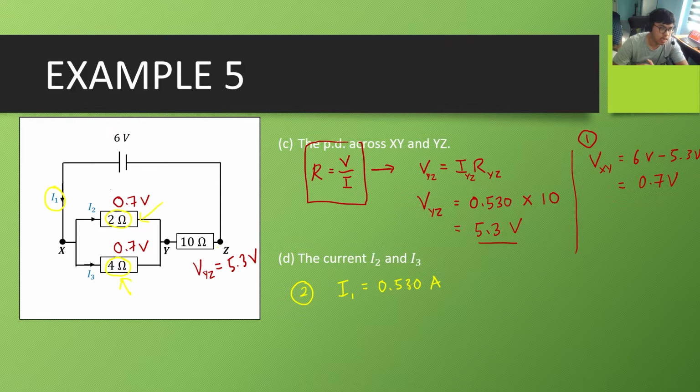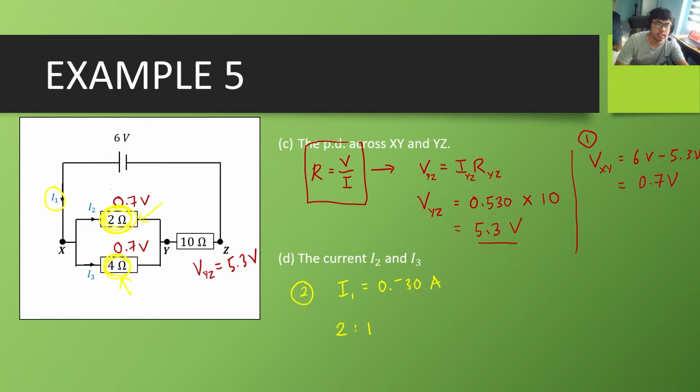Okay, so that means I3 has less current than I2 because the ratio of the resistance is 2 to 1, or in other words, 4 is double 2, so it's 2 to 1. Therefore, when it comes to the current, one is double the other. So the current that is passing through the 2 ohm should be double the one that's passing through the 4 ohm, because when you have less resistance, you have more current.